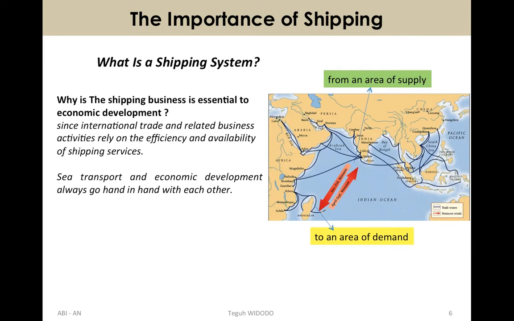Why is the shipping business essential to economic development? Since international trade and related business activities rely on the efficiency and availability of shipping services. Sea transport and economic development always go hand in hand with each other.